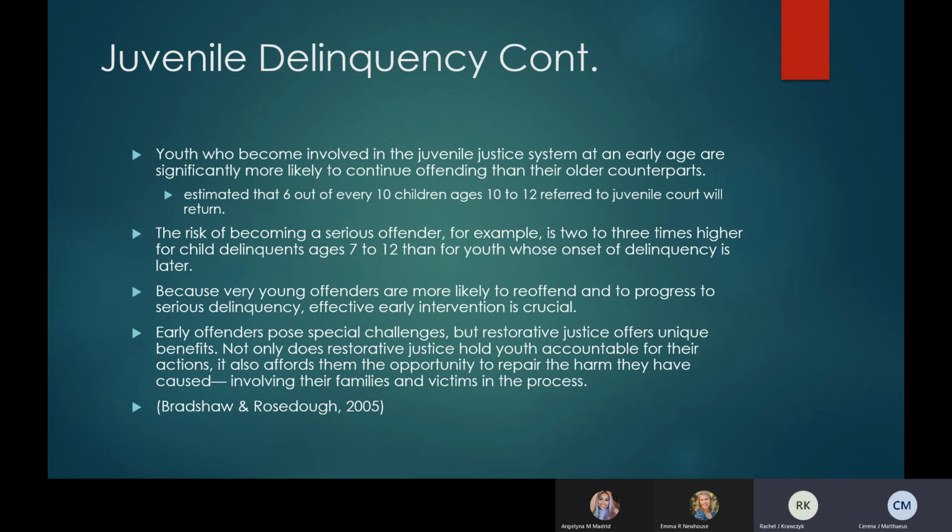Because very young offenders are more likely to reoffend and to progress to serious delinquency, effective early intervention is crucial. Early offenders pose special challenges, but restorative justice offers unique benefits. Not only does restorative justice hold youth accountable for their actions, it also affords them the opportunity to repair the harm they have caused, involving their families and victims in the process.